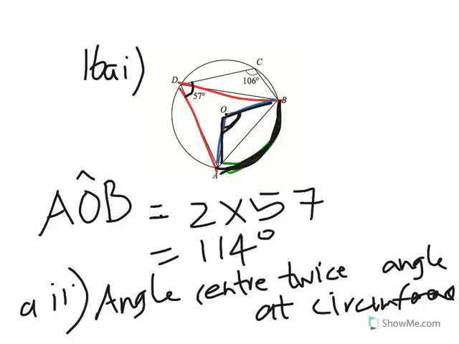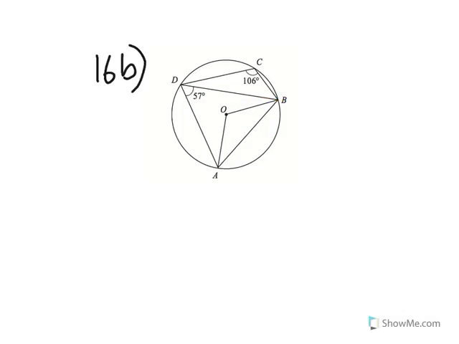Okay, question 16b is asking you to find angle BAD, meaning this angle over here. So, simply, if you notice, this actually forms a cyclic quadrilateral. Now, a cyclic quadrilateral is a quadrilateral where there's 4 sides and each vertex touches the circumference.